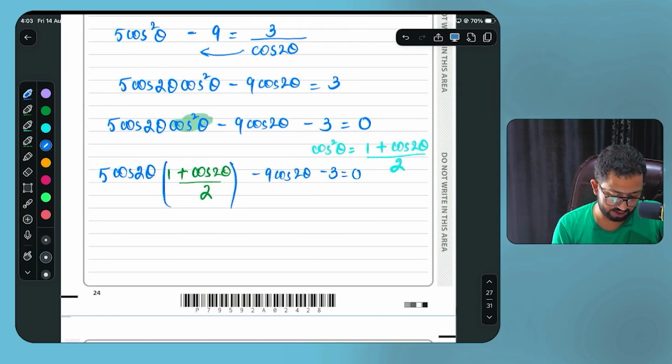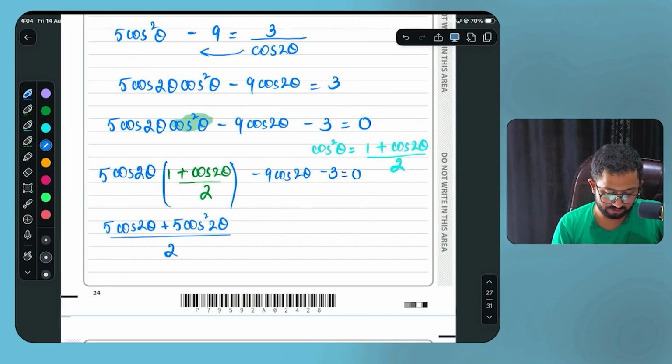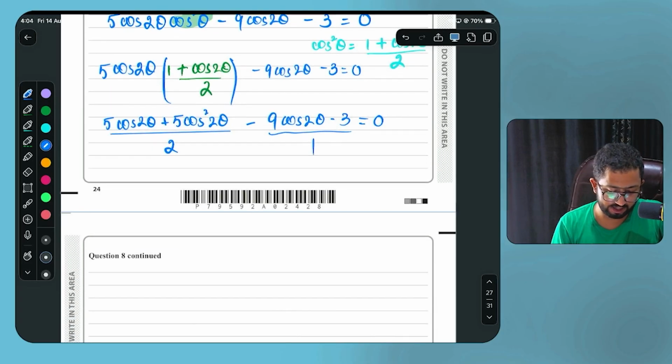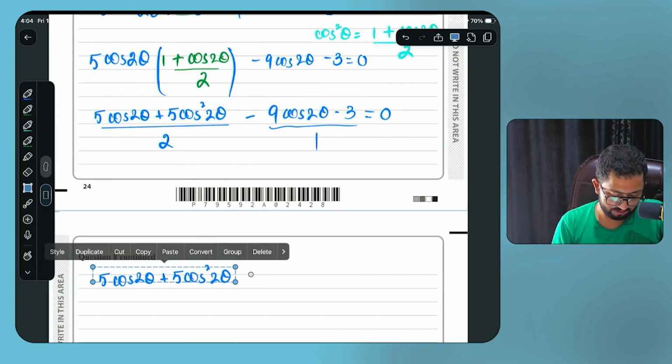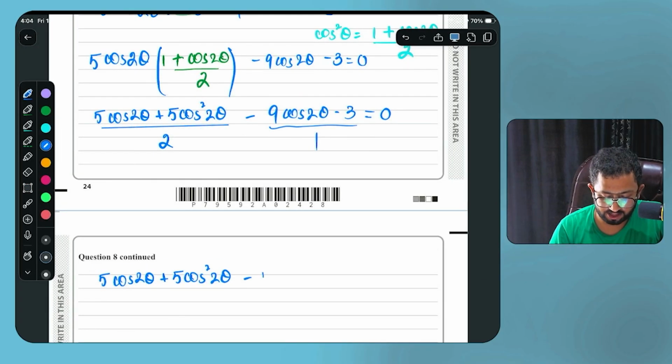Okay, now shift. So it will become 5 cos square 2 theta divided by 2 minus 9 cos 2 theta minus 3 equal to 0. So take LCM. Minus 18.